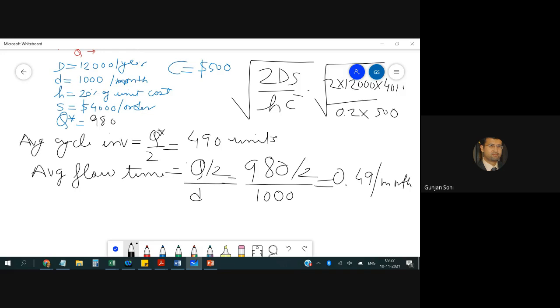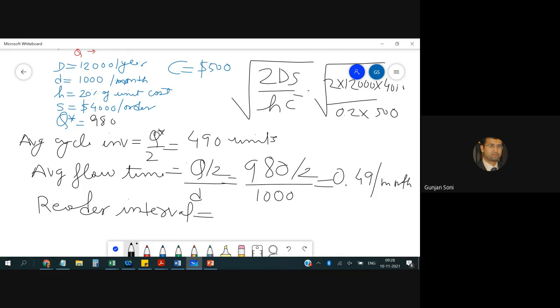Then if I ask you what is the reorder interval, or ordering frequency, that is the time difference between two orders. What can anyone find out?